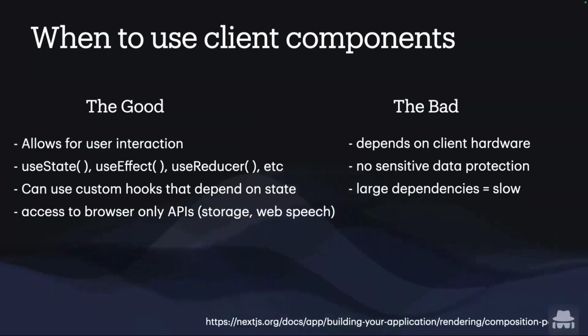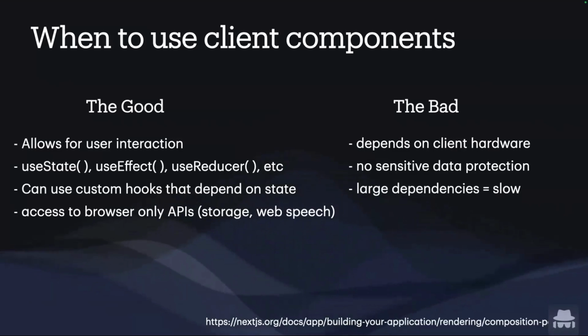If you have a lot of stuff you're trying to load, it might be real slow for some people because not everybody has the same hardware. But if it's running on the server, you do. You don't want to be sending your API keys if you have third-party APIs. You can't really fetch them from the client side. And large dependencies will make it slow.